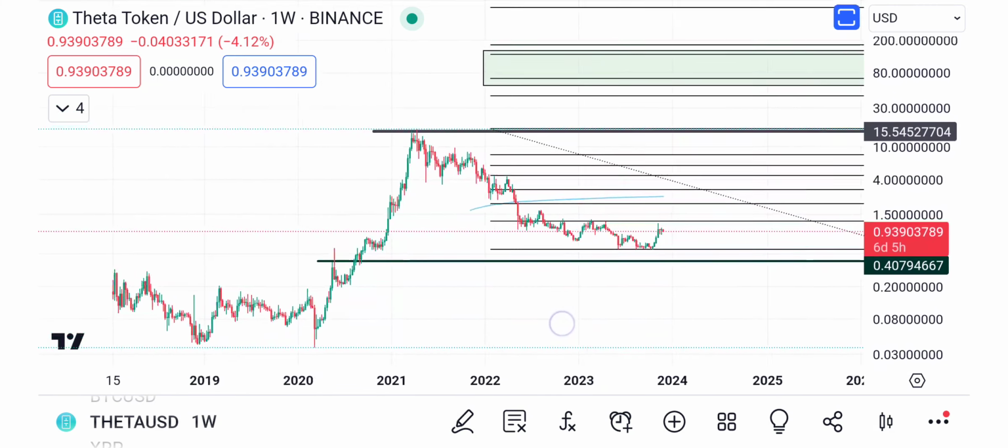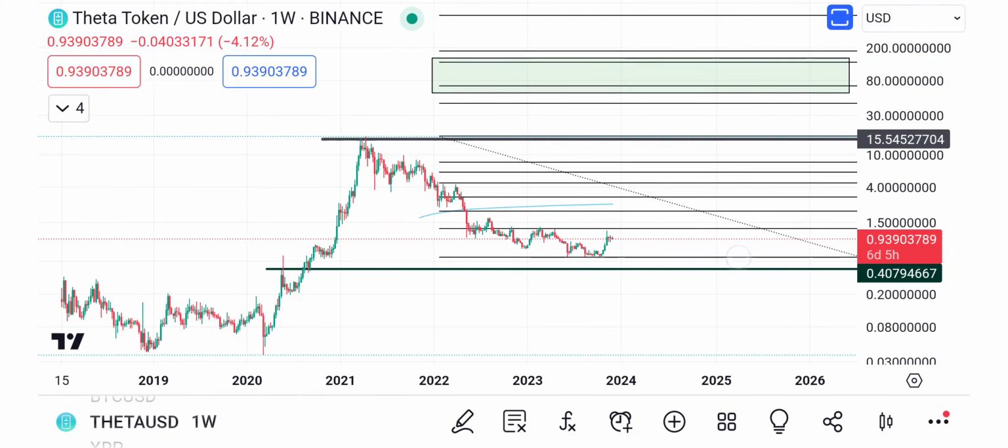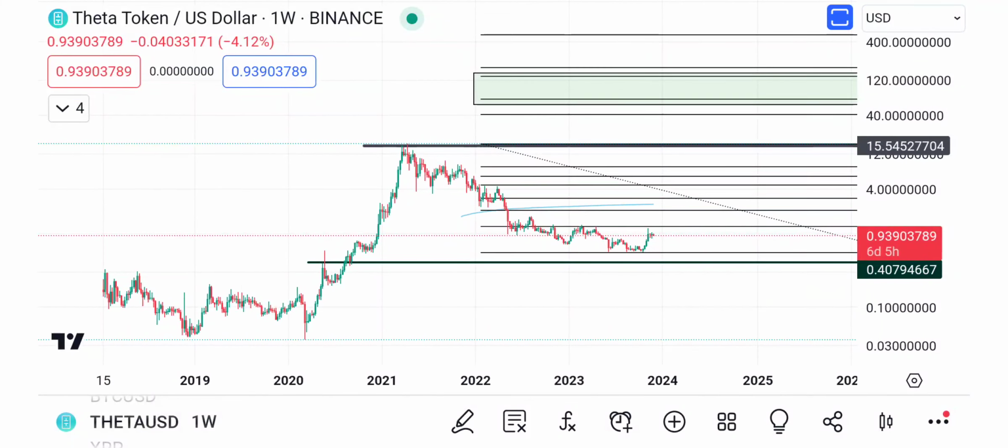The reason why I use log scale targets in crypto is because of the magnitudes of percentages they do. This is not like Coca-Cola stock where it's barely moving, right? This is a new technology that is taking over the world, slowly but surely.